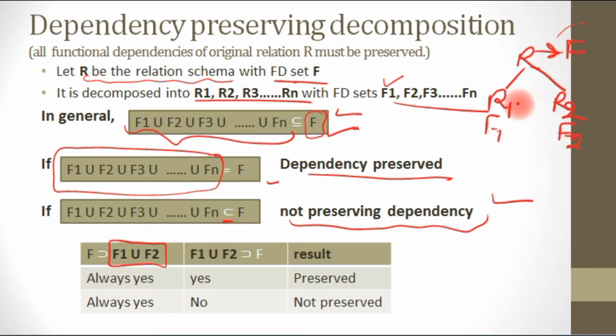So we can say that F covers F1 union F2. It is always true. Now we have to check whether F1 union F2 covers F or not. If it covers, then it is preserved. If it doesn't cover, then not preserved.